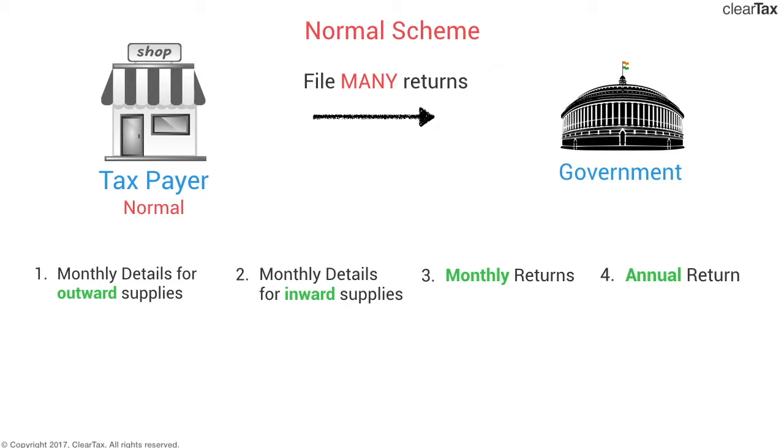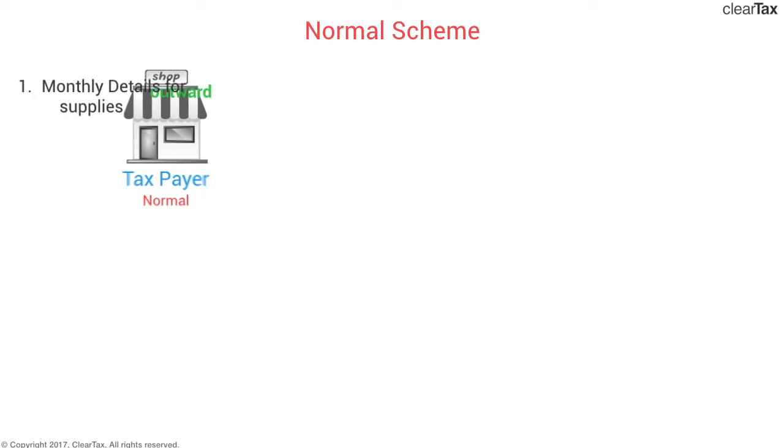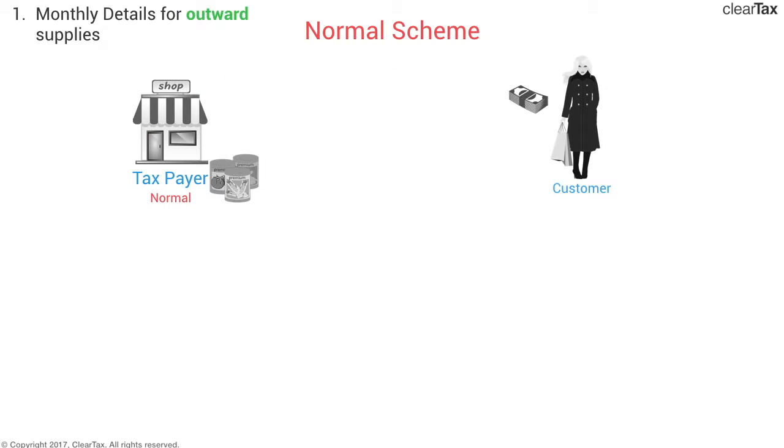The first of the returns that you'll have to file includes details for monthly outward supplies. Now, supplies is a very broad term and includes a lot of things in addition to normal sales, like transfer, barter, exchange, license, rental, lease, or disposal made in the course of business. The supply detail that you'll have to provide should include everything.